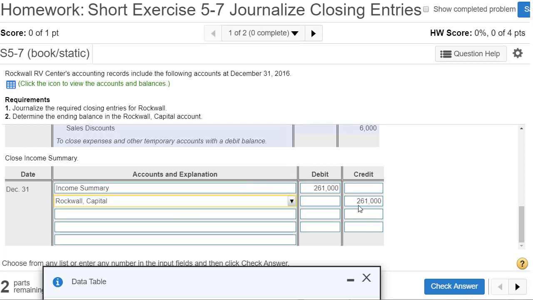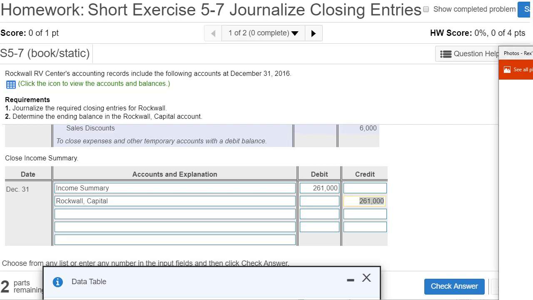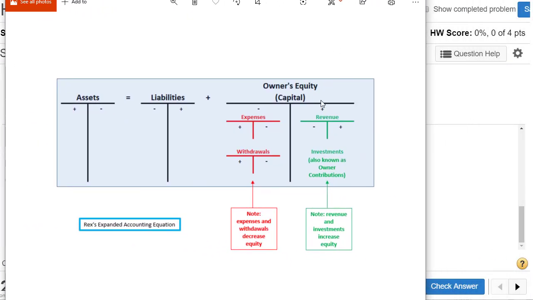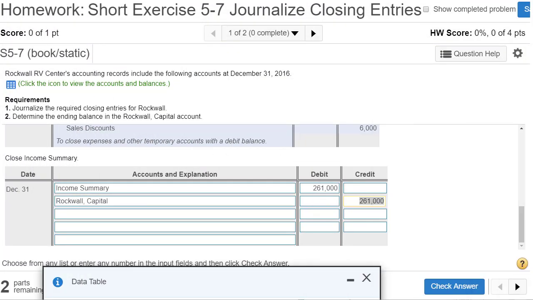By the way, if we are crediting capital, is it going up or down? You should always double check this step because a lot of students screw it up. So here's capital. If we're putting it on the right side, then we are increasing capital. Now, does that make sense for this problem?